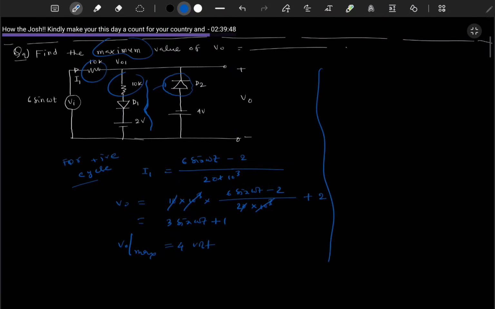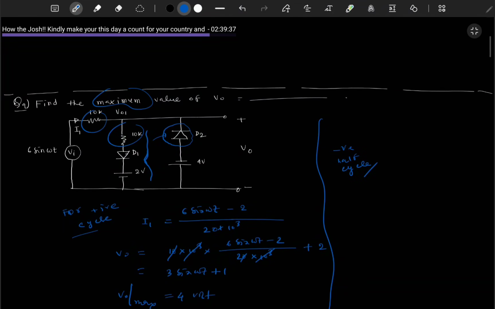Similarly for negative half cycle, this circuit will be open circuited because this diode will be in reverse bias, and this diode, D2, will be forward bias, so VO will be simply minus 4 volt.